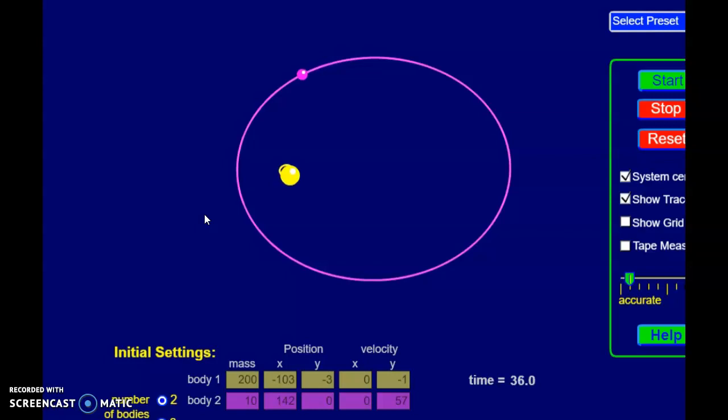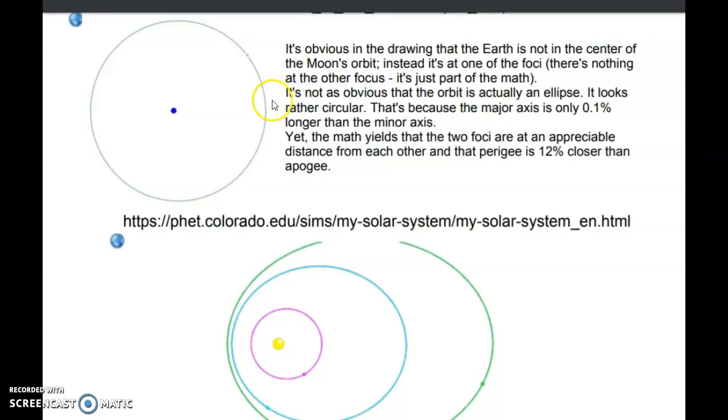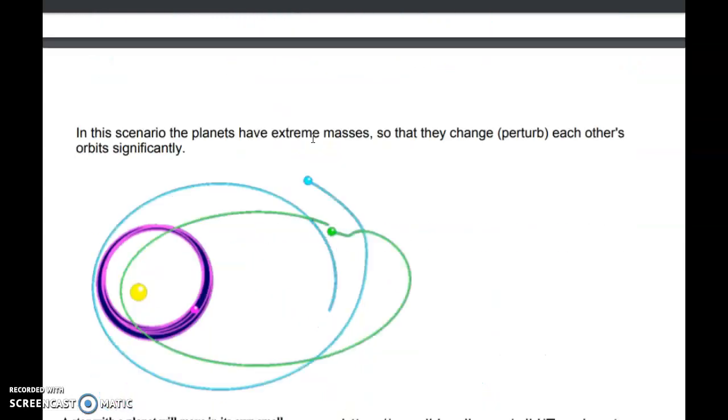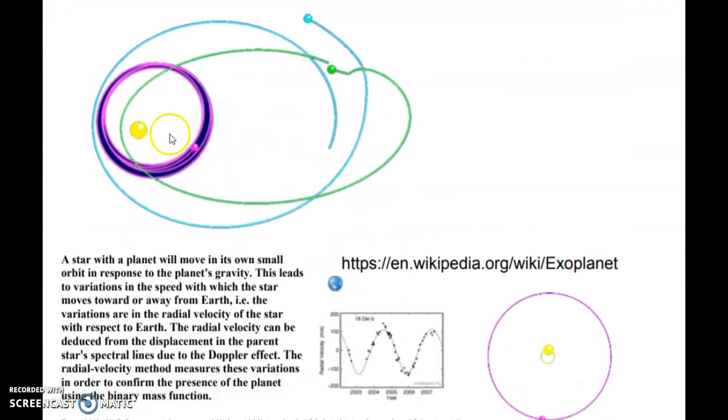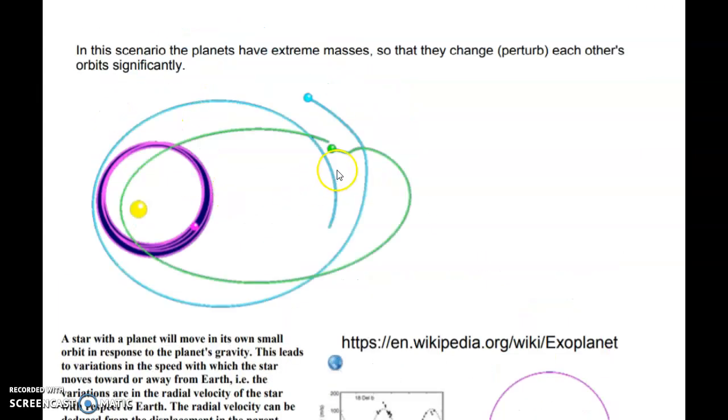In reality, the planets orbiting around our sun have orbits that are virtually circular and barely elliptical. That was almost what I wanted to say about applications. I did this once with PhET, I forgot the numbers, where they really disturb each other, and then all of a sudden the orbit is totally different.